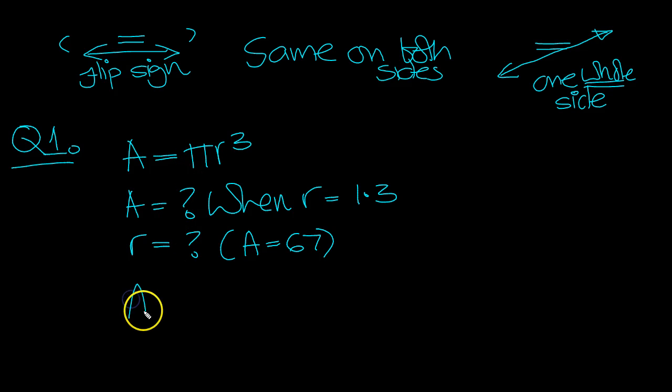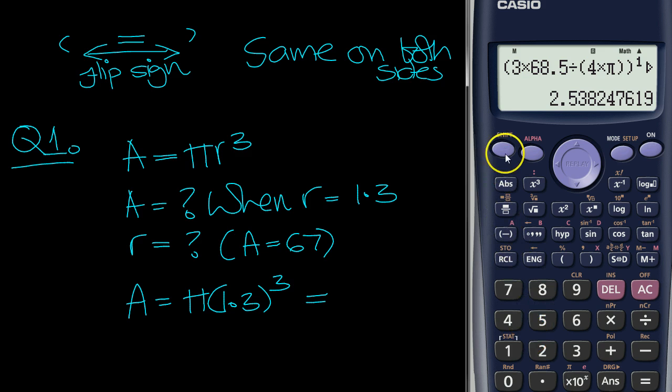So the first part, A equals pi r cubed, and r is the input value of 1.3. So pi times 1.3 cubed, wasn't it? Power 3. Oh, it's squared.